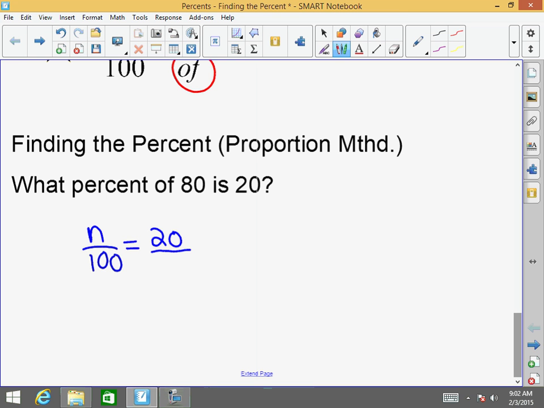Over of, what's the of? 80. Same thing here. You can cross multiply, which would be 80 times n, which is 80n, equals 2,000. Divided by 80, which we already know will be 25%.